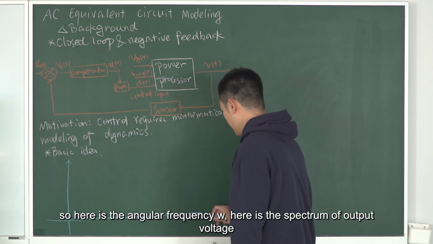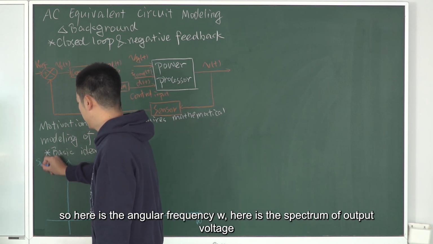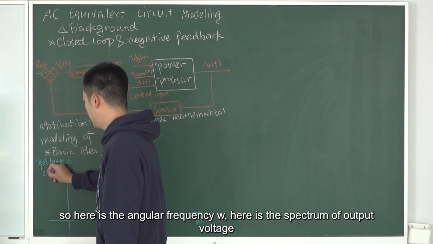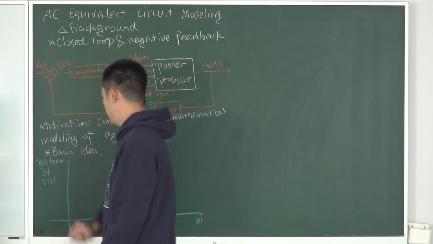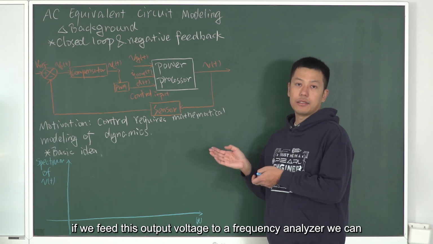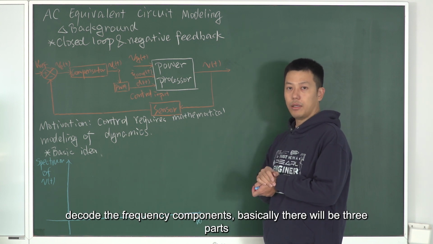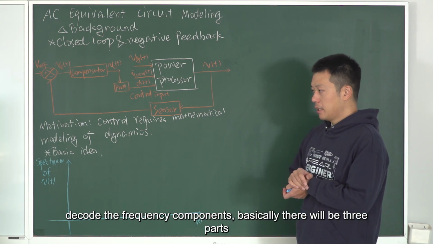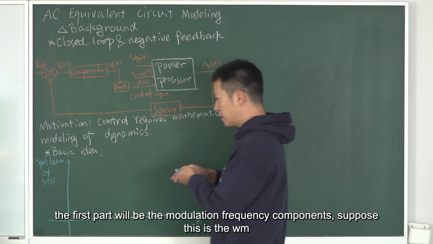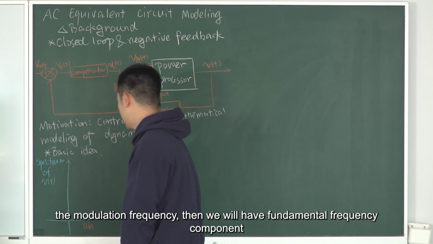Here is the angular frequency omega, and here is the spectrum of the output voltage. If we feed this output voltage to a frequency analyzer, we can decode the frequency components. Basically, there will be three parts. The first part will be the modulation frequency components. Suppose this is omega m, the modulation frequency.